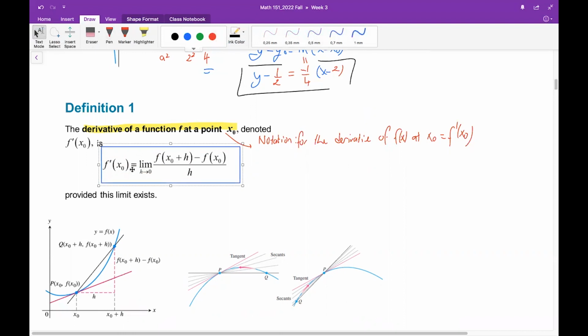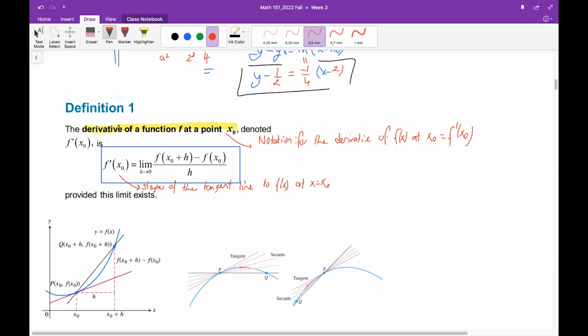You see, I'm repeating over and over again. So this is also the slope of the tangent line to our function at which point? At x equals x0.